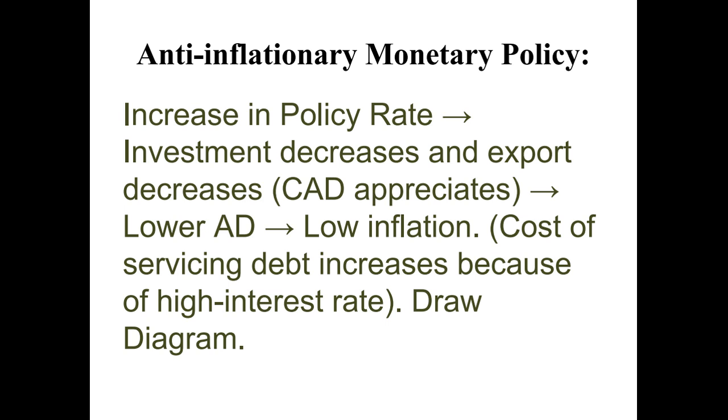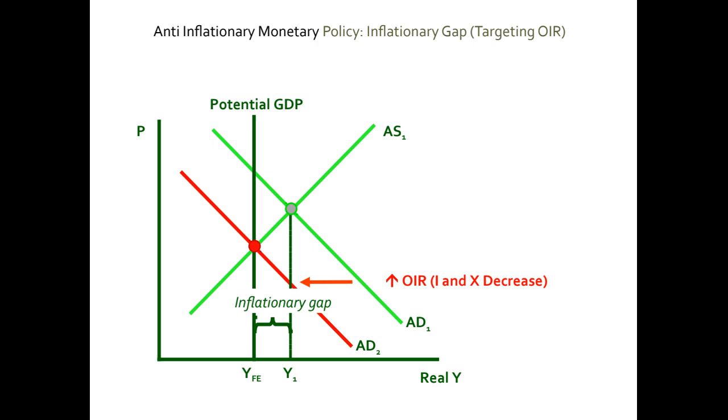So let's see, it says draw diagram. Let's say this. So this is the diagram. You can see here that the economy is in an inflationary gap situation. And when the Bank of Canada increases the policy rate, then export and investment will decrease through the interest rate.